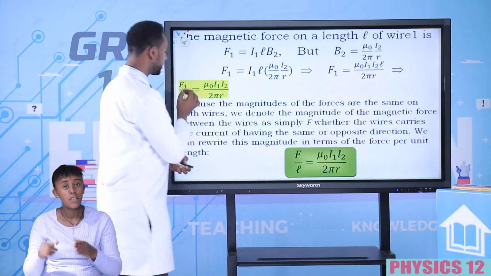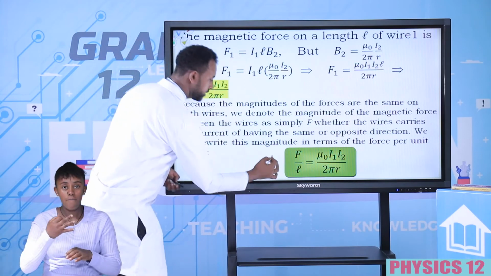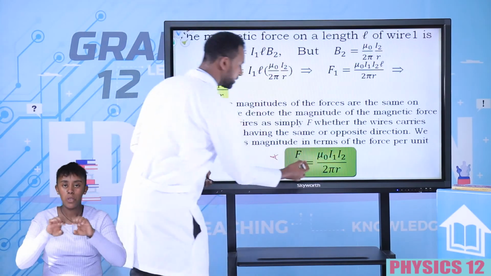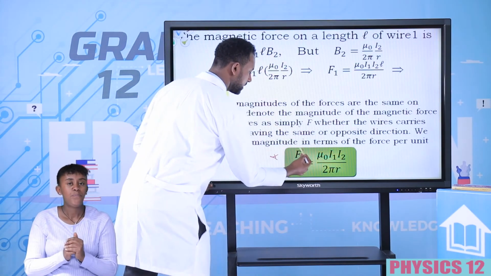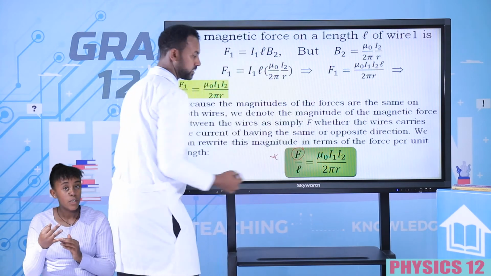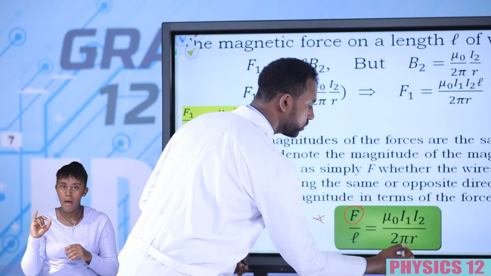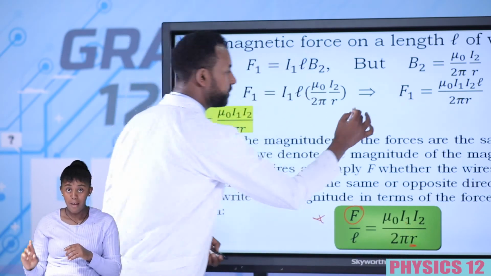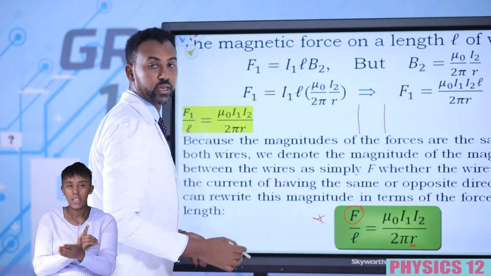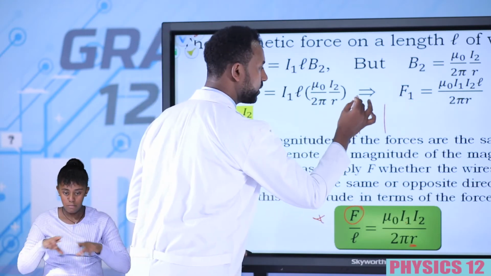Therefore, the equation is the general equation. The force per length is equal to mu naught I1 I2 over 2 pi r, where r is the distance between the two parallel current carrying conductors.